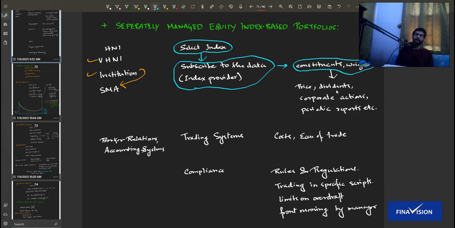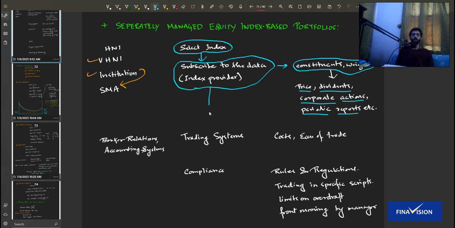And also additional related information like price, dividends paid, corporate action related information, periodic reporting, quarterly reports, call transcriptions, annual reports, all those, right? Now, the index is selected, and the constituents and the information related to those constituents is acquired.